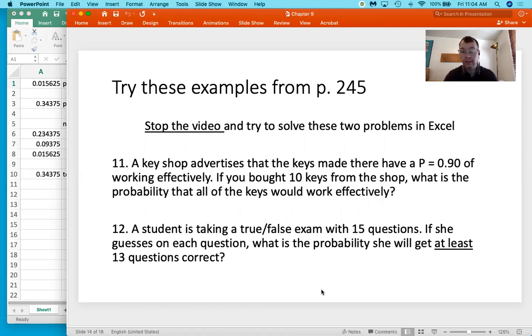The second problem is a student taking a true-false exam with 15 questions. If she guesses on each question, what's the probability she'll get at least 13 questions correct? So see if you can do this in Excel on your own, pause the video and try it, and then come back and we'll look at the answers.